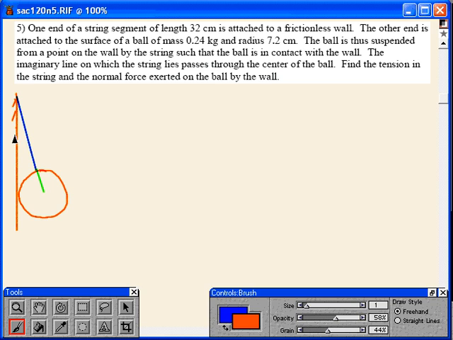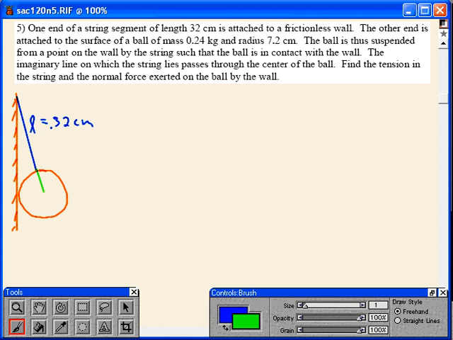So again, this is our wall. This blue distance is given as, I'm going to call it length L. That's the length of the string, and it's 32 centimeters.